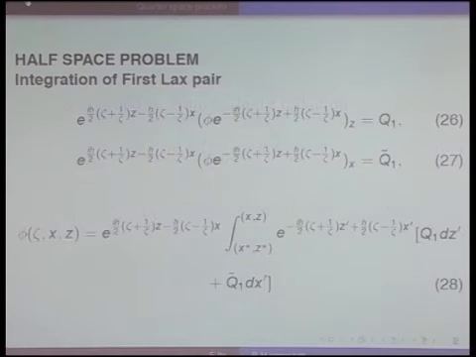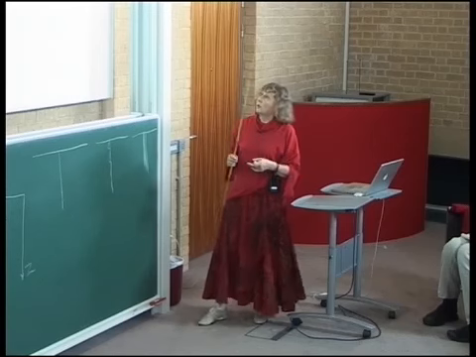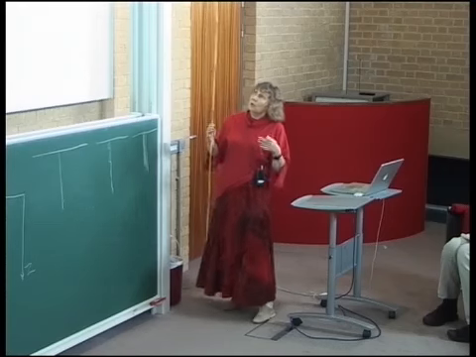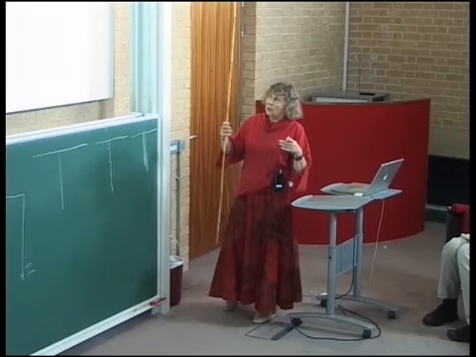Now, before I actually start talking about the quarter space, I will describe all steps of the solution for the problem, which could be solved either by Laplace or by Fourier transform, which is not a difficult problem, the elastodynamic equation in the half space.